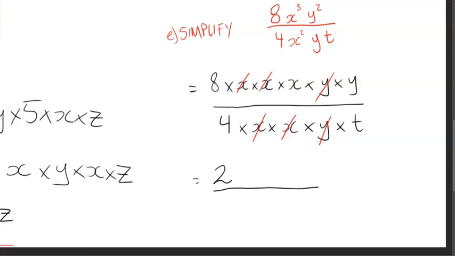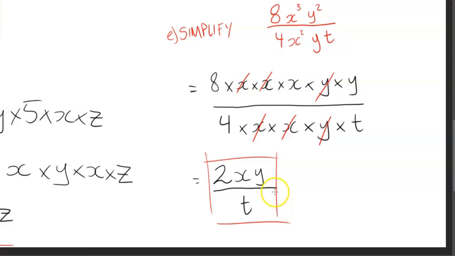So what we'll be left with is 2xy up on the top, and 4t. Remember that 4 got cancelled out to 1, so it's just 1t, but we don't write the 1, so we just leave it as t. And that will be the final solution.